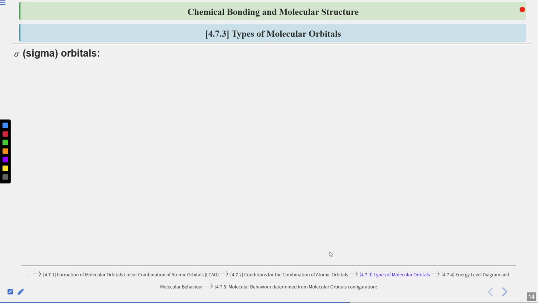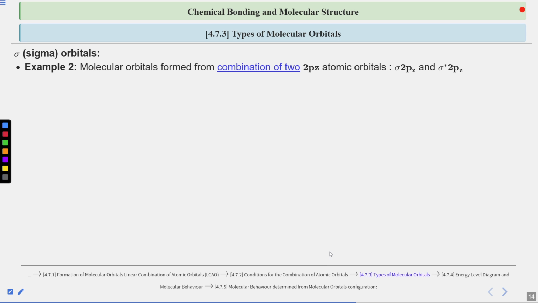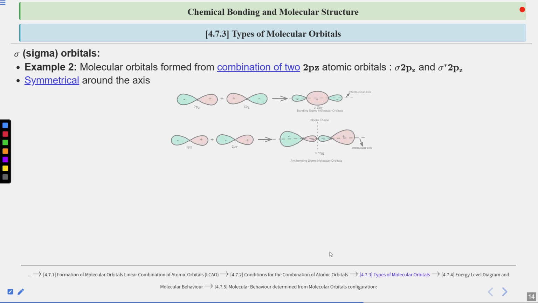Now moving on to the next type of sigma orbital, which is formed as a result of the combination of 2pz. Again, since it is a sigma, it will be symmetrical around the axis. You can see here how it is happening.